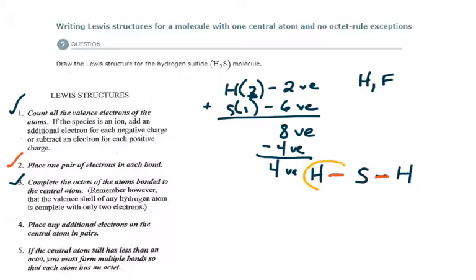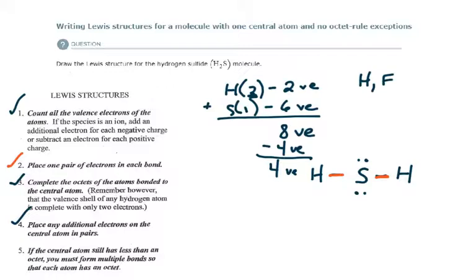And this hydrogen atom is also satisfied with its duet. So our last step here is to place any additional electrons on the central atom in pairs. Well, I have 4 electrons left. Let's place them around our central atom in pairs. So that's 2 pairs, 1 pair here and 1 pair here.